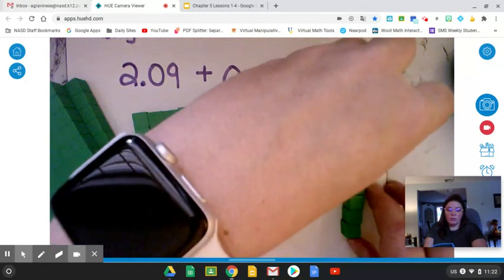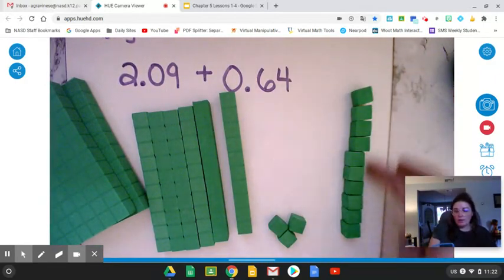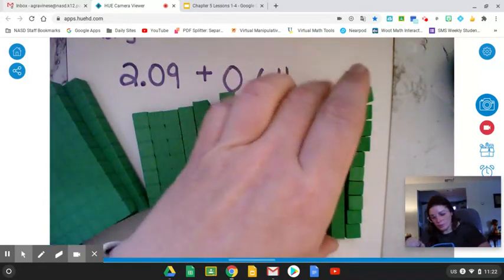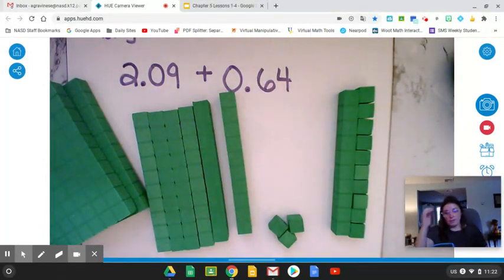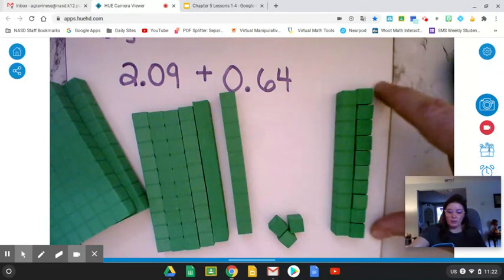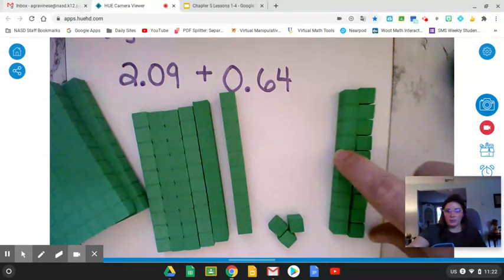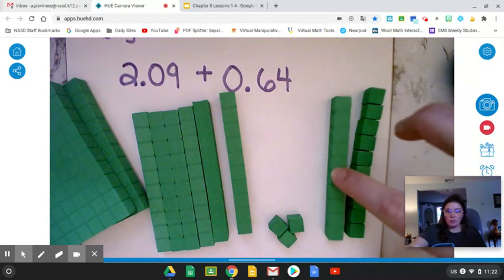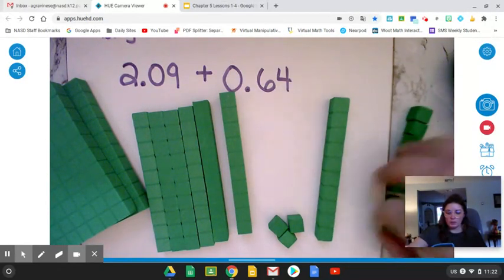Now what I can do when I get a stack or a row of 10 of the hundredths pieces, that's actually equivalent to 1/10. So 10 of the hundredths can be exchanged for a tenths piece. They're the same amount. So I brought in a new tenths piece and I'm taking out 10 of my hundredths.